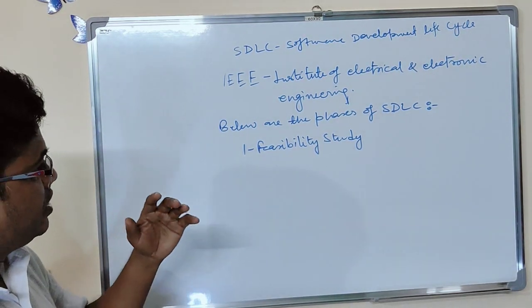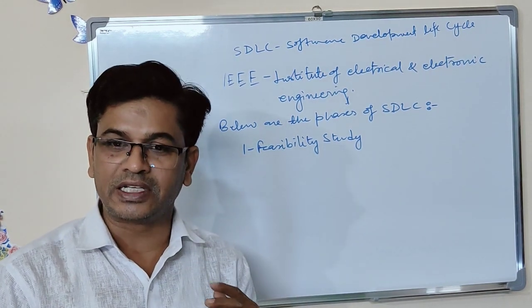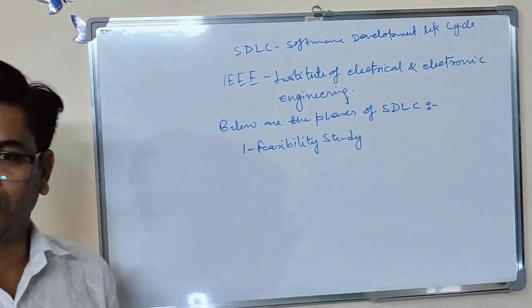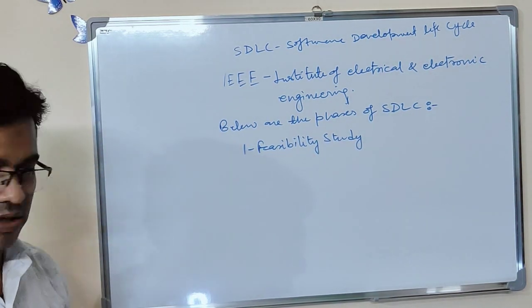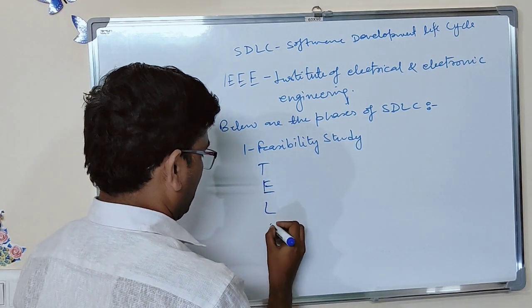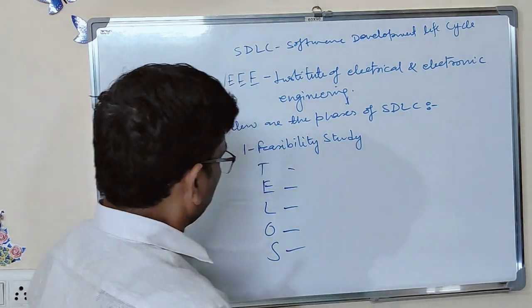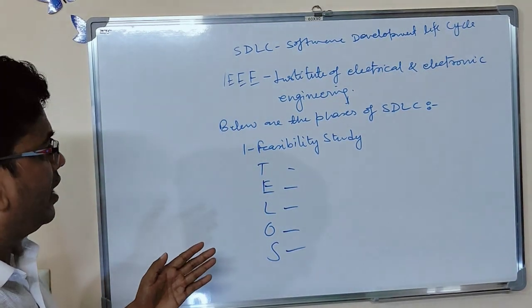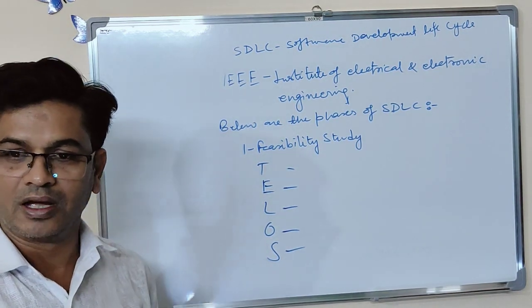So when the feasibility study of the requirement is done by the business analyst team, they follow a very powerful formula, that is TELOS. Every alphabet in this TELOS group has some specific meaning.